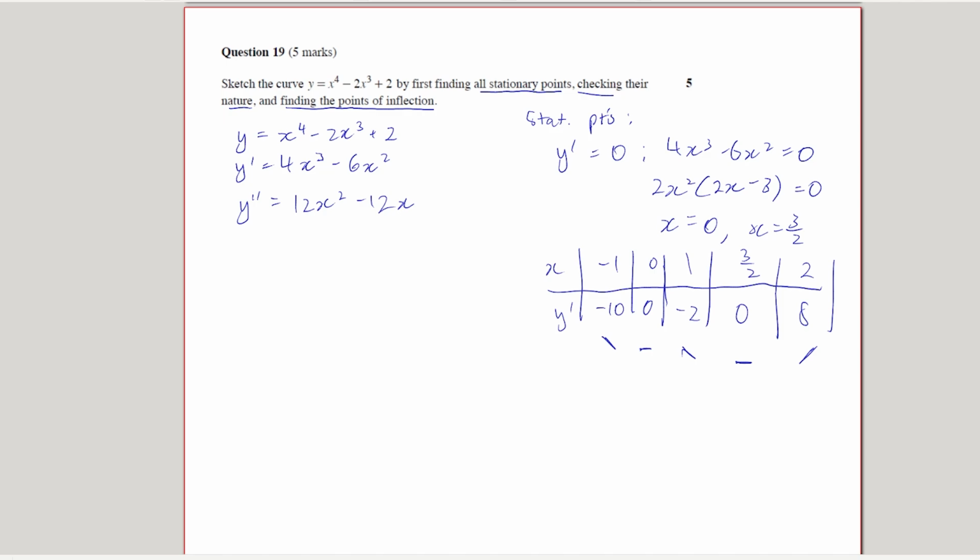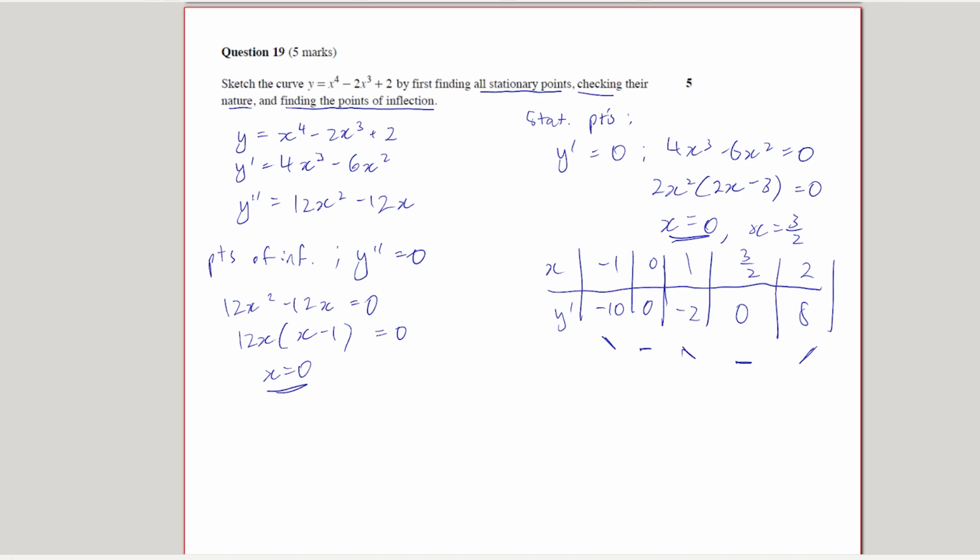Now let's take a look at the points of inflection. y double dash equals 0, so 12x squared minus 12x equals 0. Take out a 12x, x minus 1, x equals 0. We already found x equals 0 here as well.